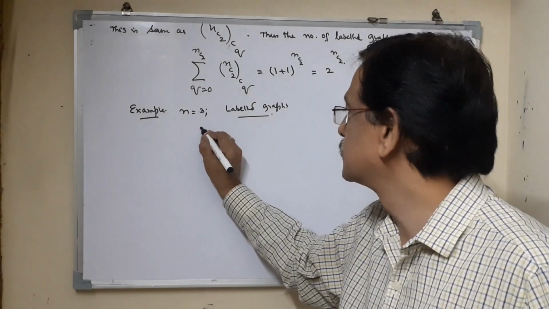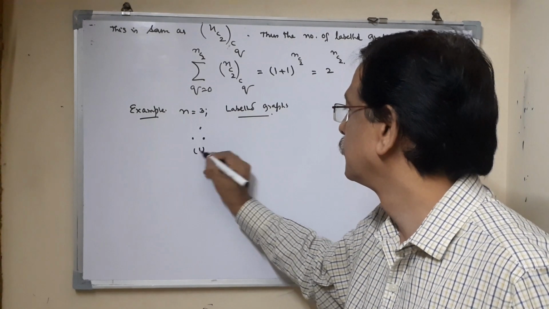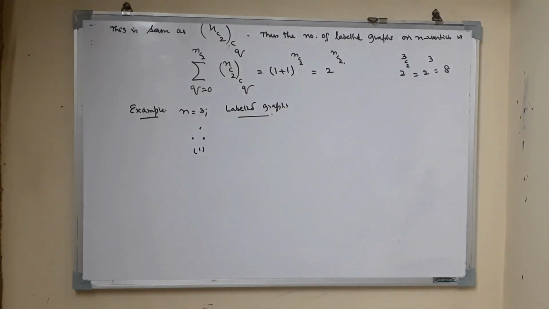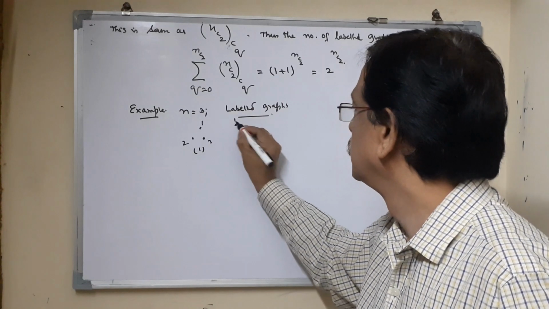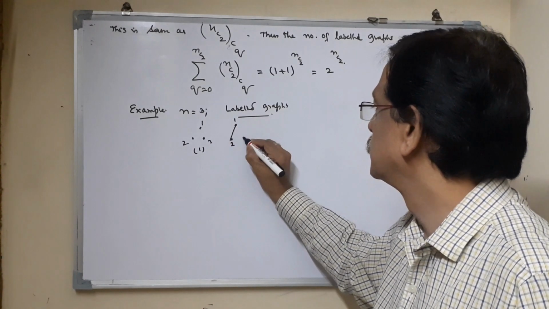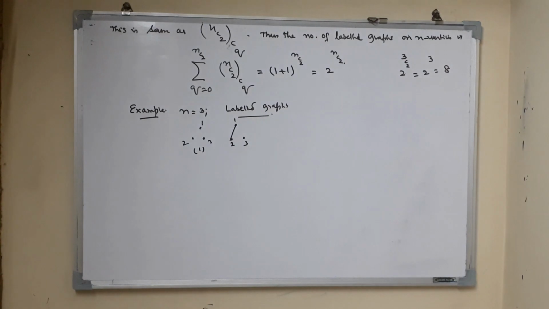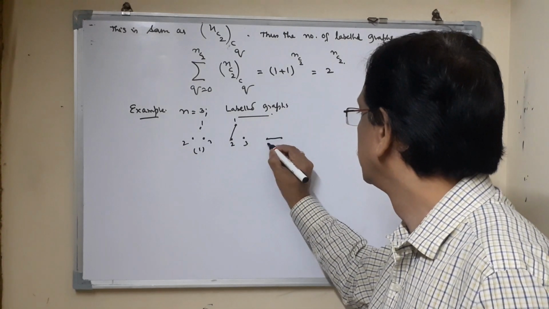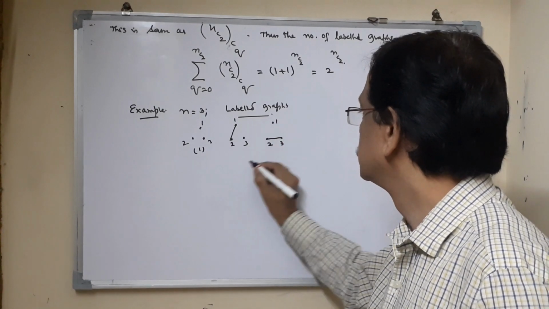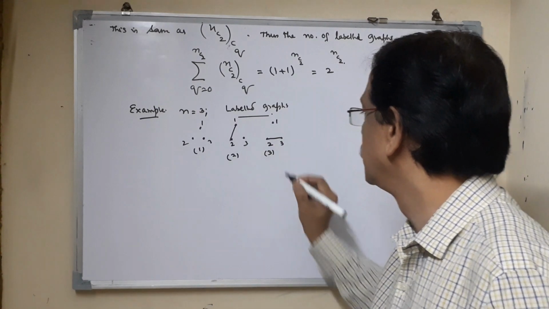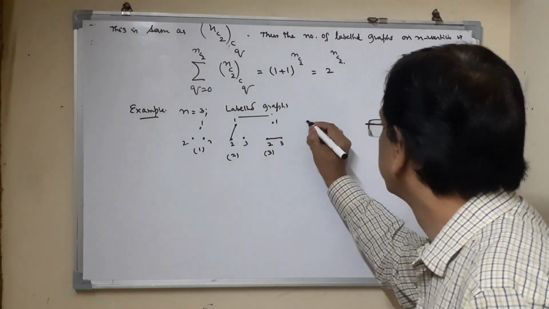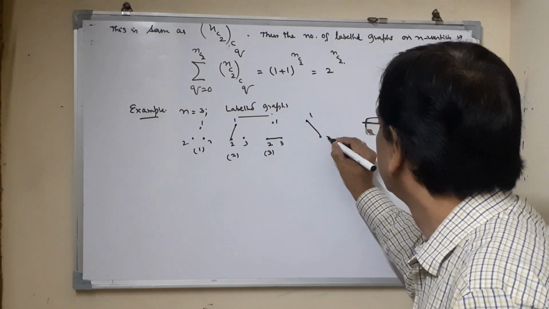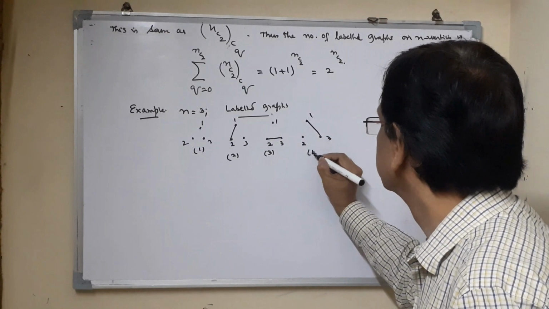Obviously the first one is with no edges, the vertices 1, 2, 3 separate, all isolated. Then join 1, 2. Then join 2, 3, where 1 is isolated. And then 1, 3, where 2 is isolated.